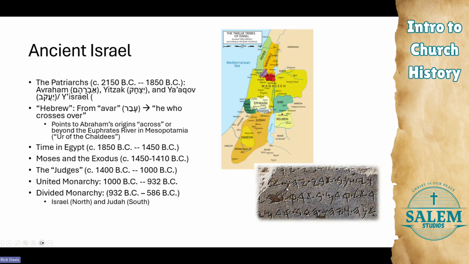I'm not sure exactly what this says, but this is actually the Paleo Hebrew alphabet. So if you go to Blue Letter Bible and you look for the Old Testament and you pull up the Hebrew text that's underneath our English translations, you'll see it written in a different alphabet.